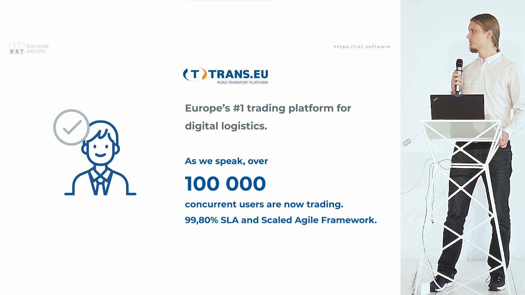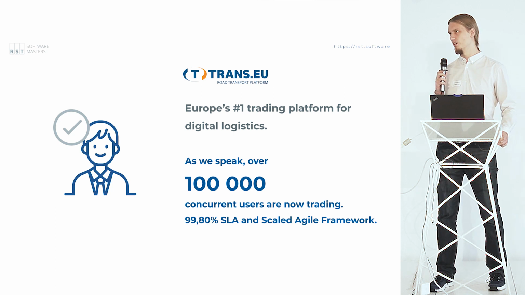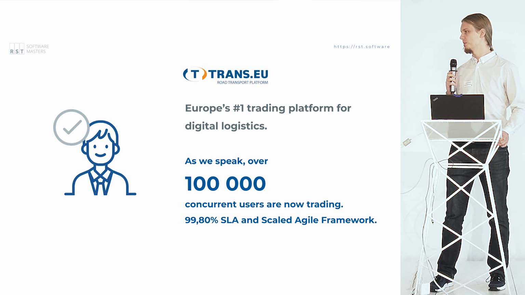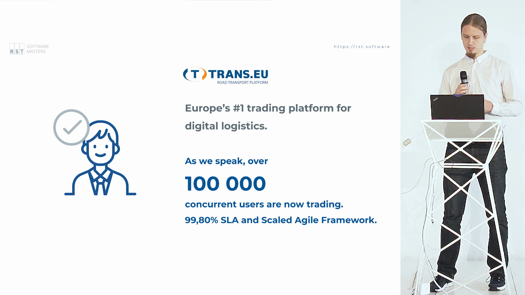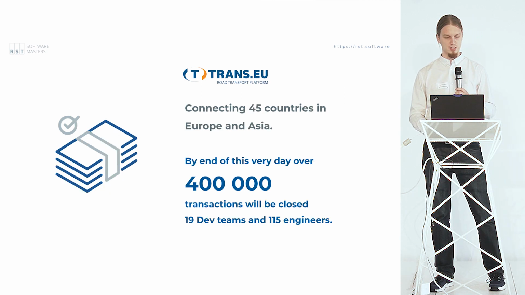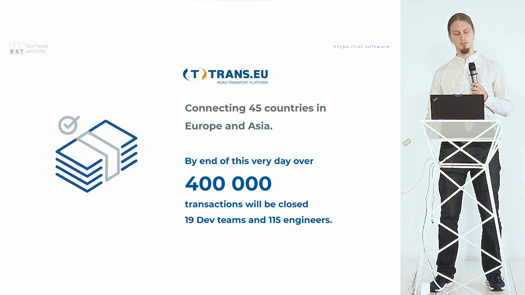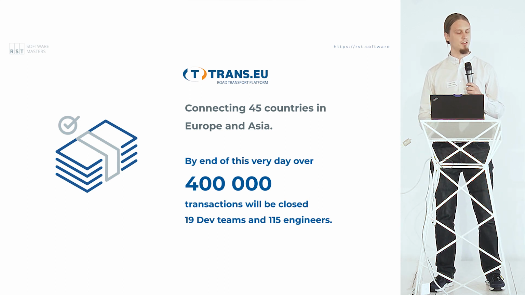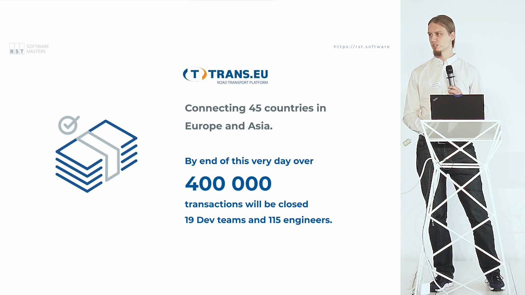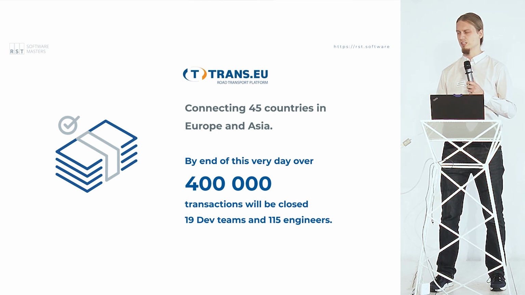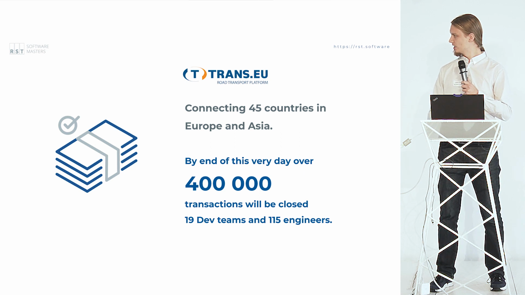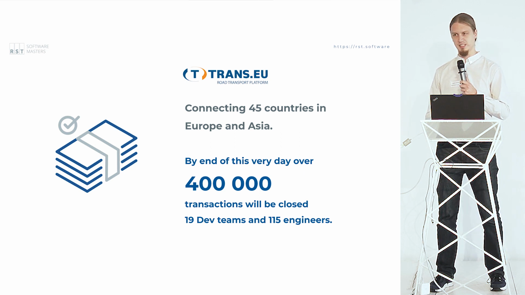Currently, in our system, we have over 40,000 registered and verified companies. So by the end of today, we're expecting that there will be over 400,000 deals sealed in our system in over 45 countries. So as you can imagine, the system is under quite a heavy rush. And it's based on Camunda.